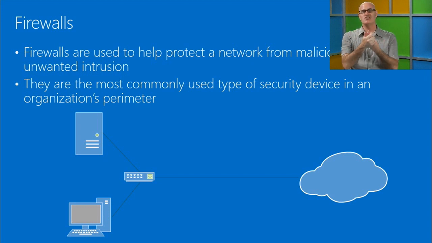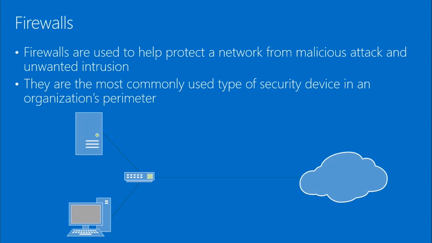You may not want certain types of sessions going out. So you could use a firewall to disallow that outgoing. You can also use a firewall for incoming connections to disallow incoming connections. So firewalls basically protect networks from malicious attacks and direct connections from the internet. They're a very popular type of security device.